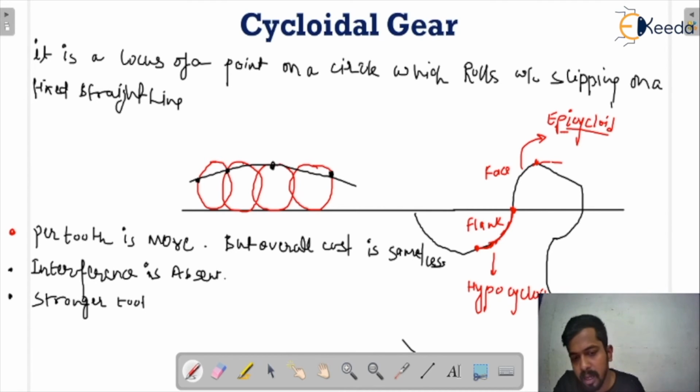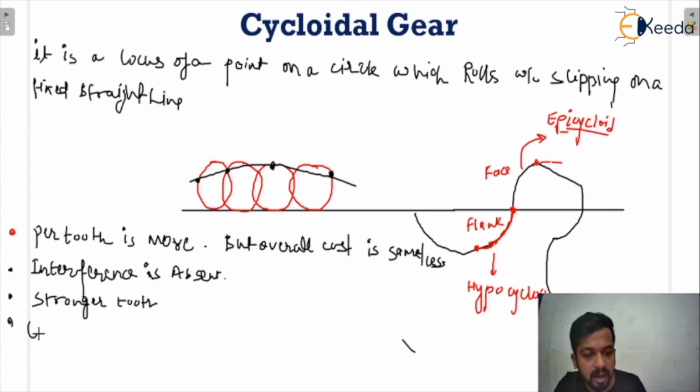Here you can see this is a convex concave connection. So that is the next point: convex concave connection. And the flanks of the cycloidal gears are wide.